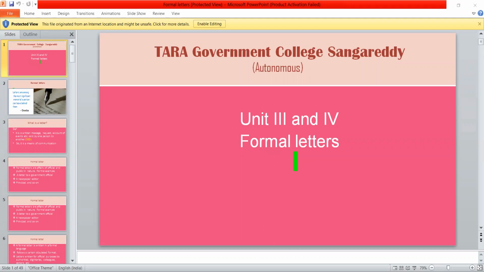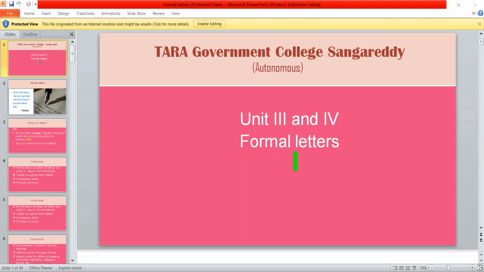The Oxford English Dictionary defines it so. So a letter is a means of communication. Formal letters are affairs of the officials and public in nature.